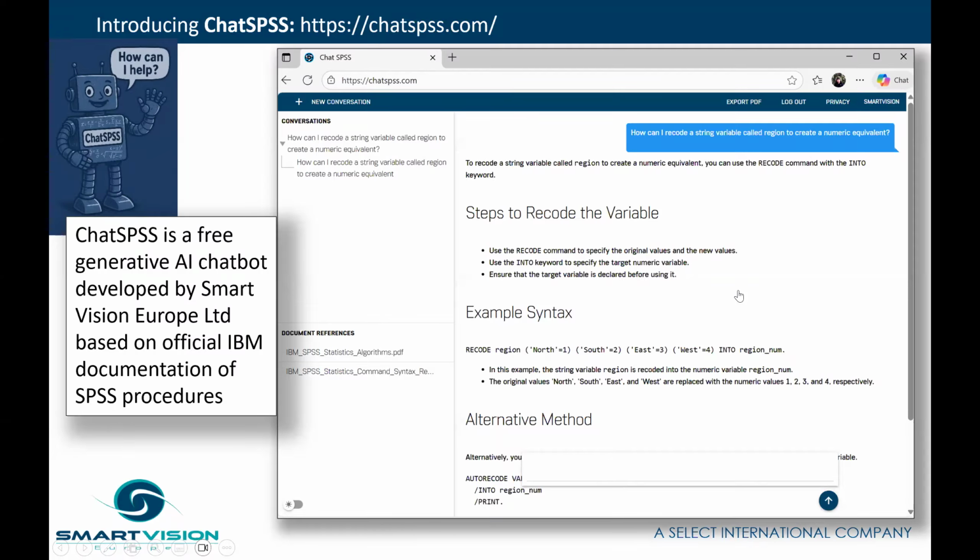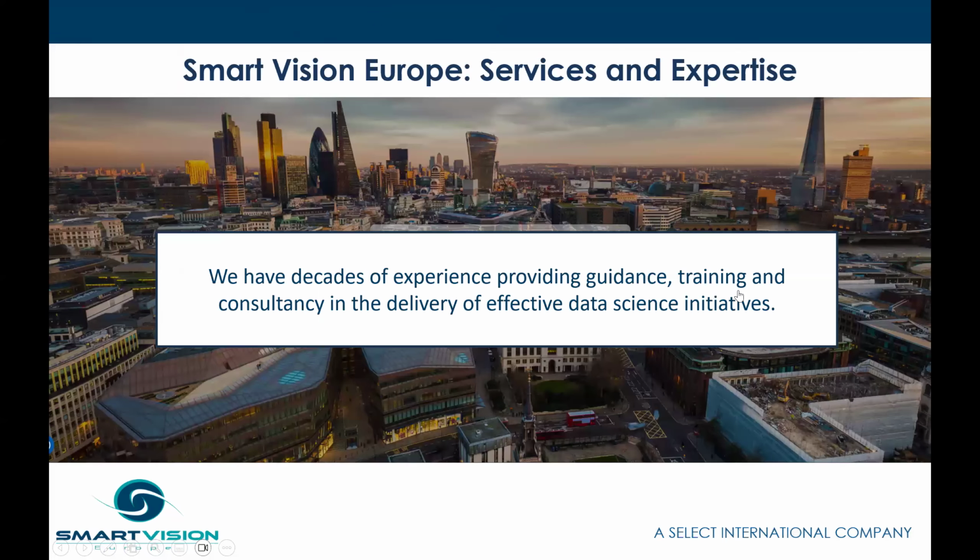It's trained against all of the official IBM documentation on SPSS procedures. If you want to know how to do this yourself, we did it as an example to show people that this can be done with their own documentation. We will have a forthcoming webinar that shows you how we built this and how we might be able to help you do the same thing.